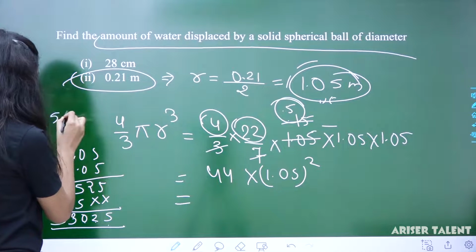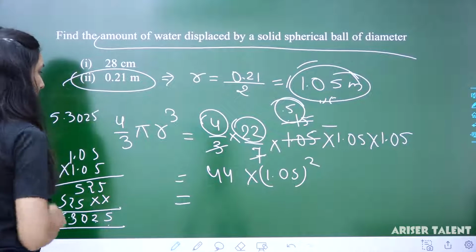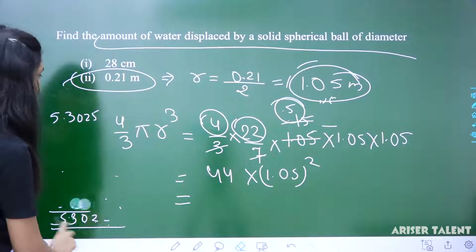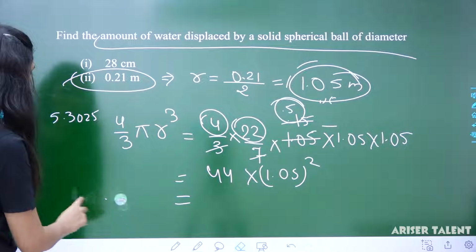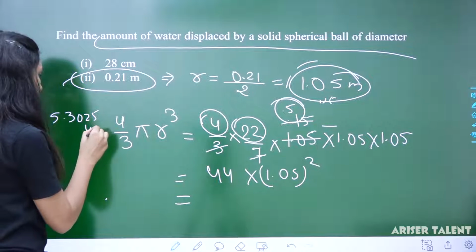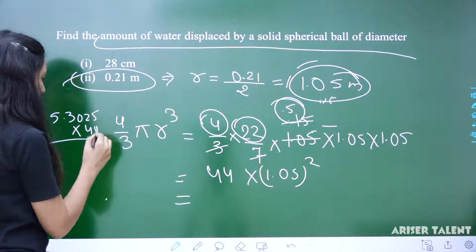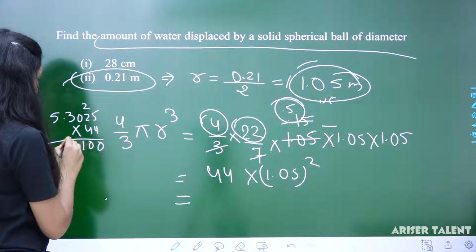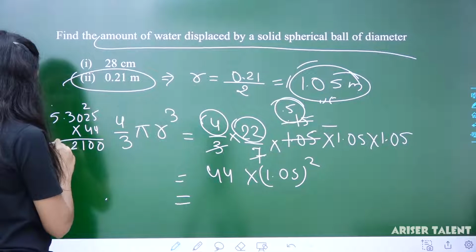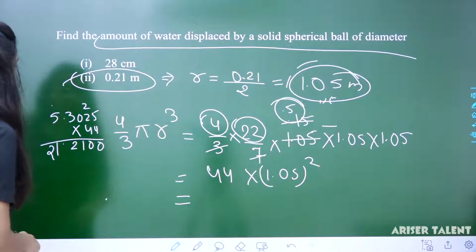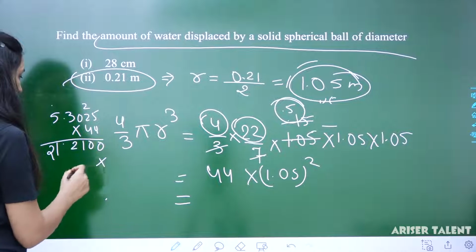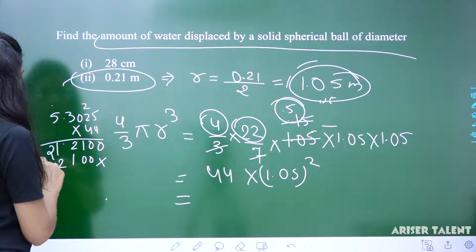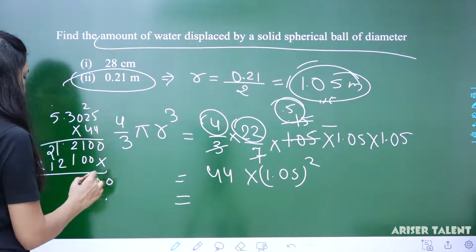Multiply by 44. So here it's going to be 1, 2, 1, 2.